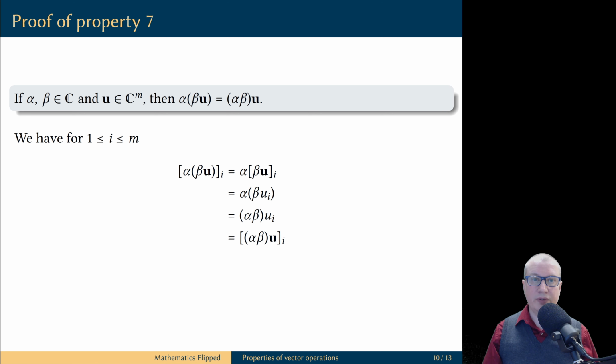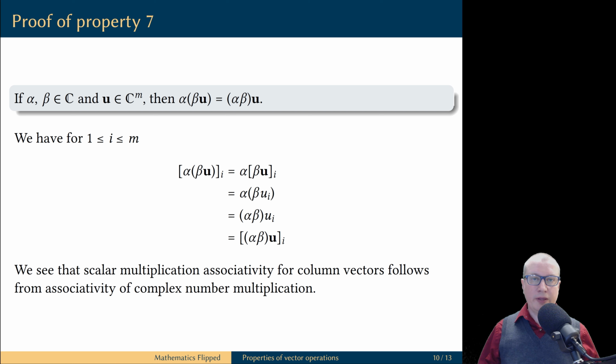By the definition of the scalar multiplication operation, this is the same as component i of the vector alpha beta times u. This proves that the two vectors have identical components and therefore they're equal as vectors. Also notice that this proof was based on the fact that multiplication of complex numbers is associative.